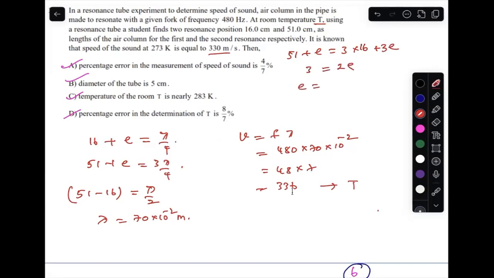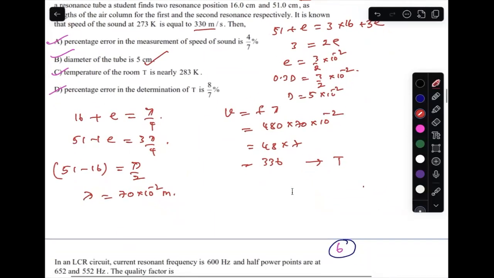End correction is 3 by 2 centimeters. What is the formula for end correction? 0.6 R or 0.3 D. So 3 by 2 into 10 power minus 2, D is 5 into 10 power minus 2 meter or 5 centimeter. Absolutely correct.